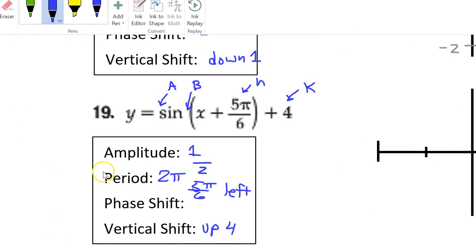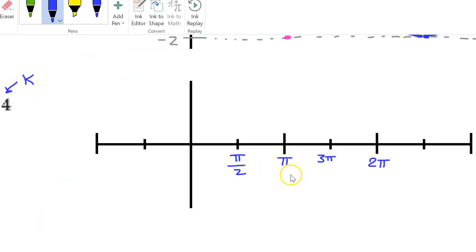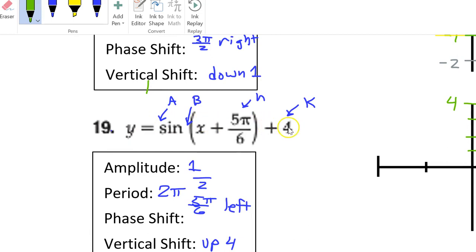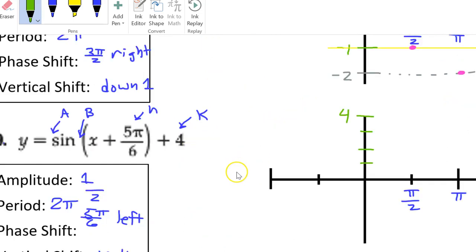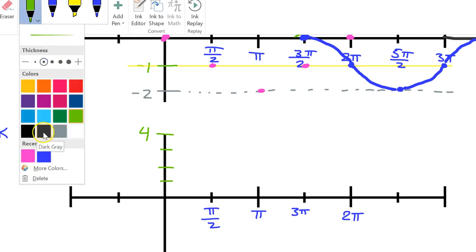Alright, now it's time for the vertical shift of 4. So got to be really careful with this. So my vertical shift, so here I go. 1, 2, 3, 4. Alright, so there's my vertical shift of 4 because of the k value. Now the amplitude is 1, so I'm going to have to be really careful with that as well.